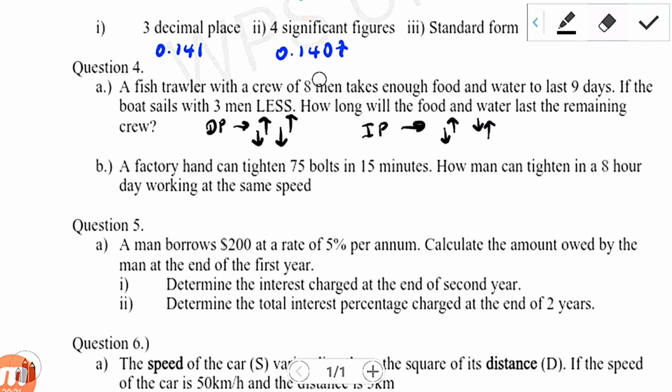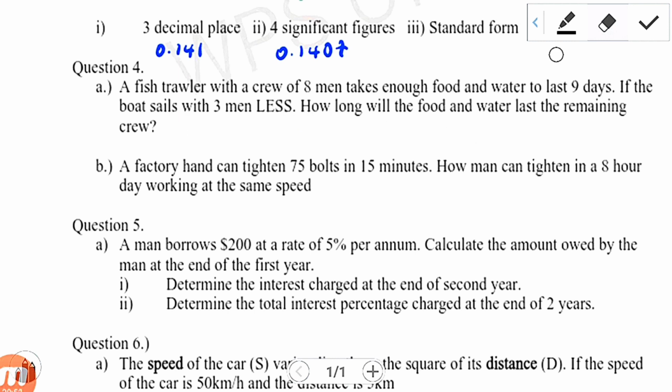So you can see that I reduced the quantity of men on the ship, but then the days would obviously increase. It would last us longer. So even before approaching the problem, you know that your answer has to be greater than 9 days because you obviously have fewer crew members.